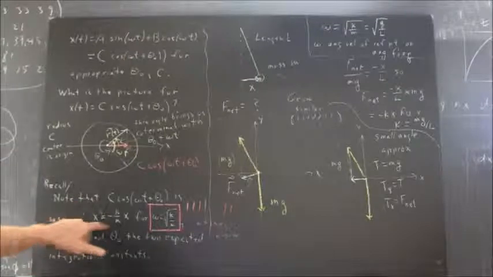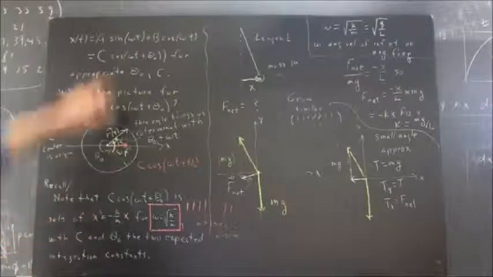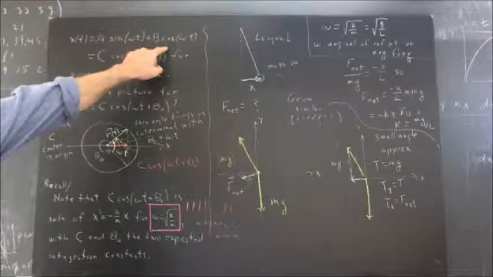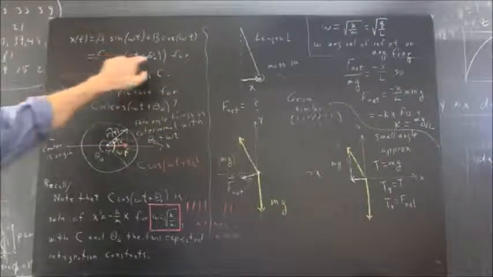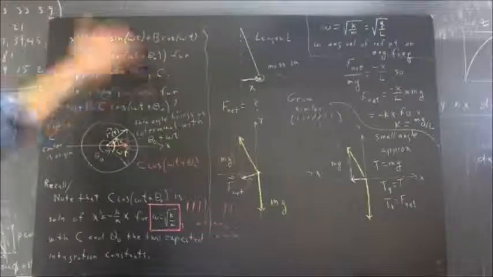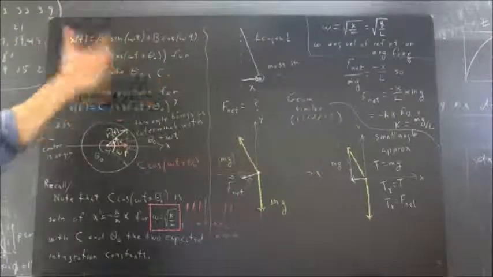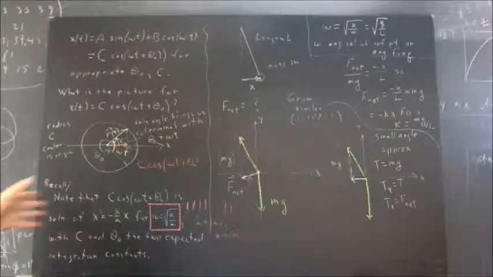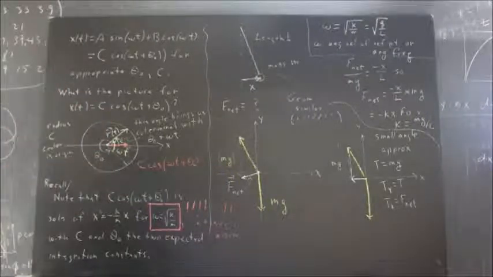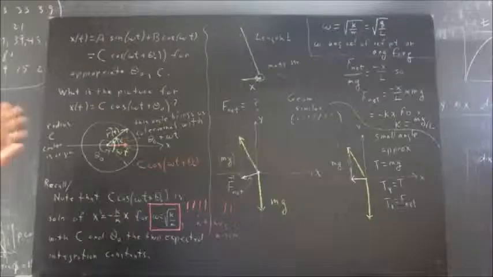So in solving this equation, we get two constants. We first got this solution, but now we converted it to this form, and again we still have two constants that are determined by the constants that we have for the original equation. This gives us an extremely powerful picture of simple harmonic motion.